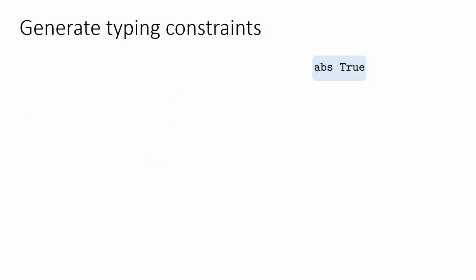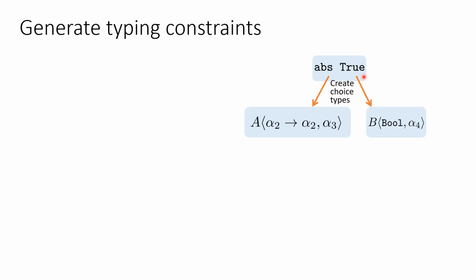Now we can see how choice types can help us find error fixes. For this expression, even though it doesn't contain choices, we can introduce choice types as we assign types to abs and true. For abs, because the type from normal type inference is alpha2 to alpha2, we record that type in the first alternative.